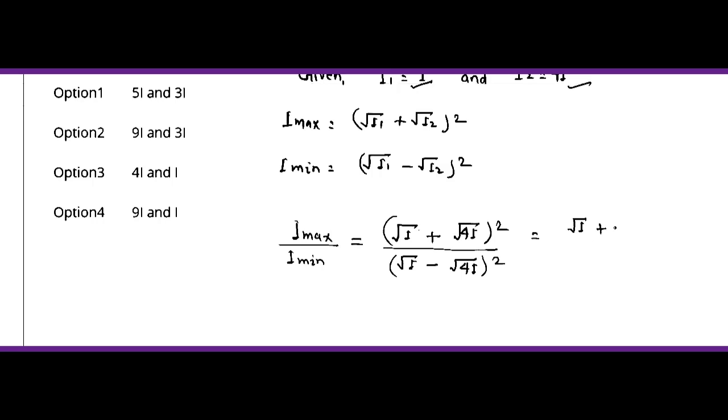We can write here root under I plus, and this 4 comes out of the root, so it becomes 2 root under I whole square, divided by root under I minus 2 root I whole square.